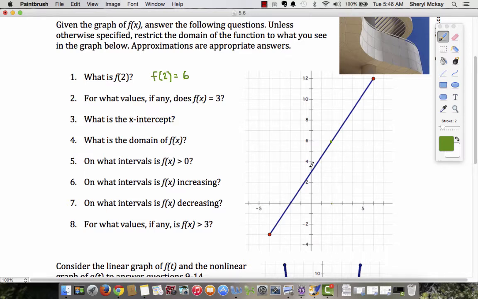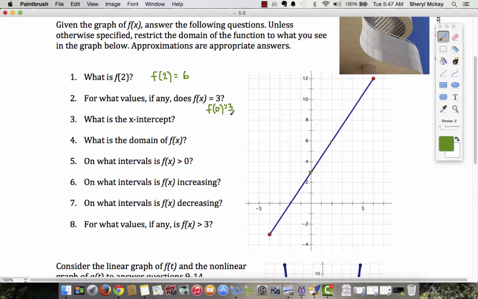And do you see it? It's right here. Well, what's x when y is 3? Well, f of 0, right? X is 0. F of 0 is equal to 3. So when x is 0, f of 0 is 3. All right?